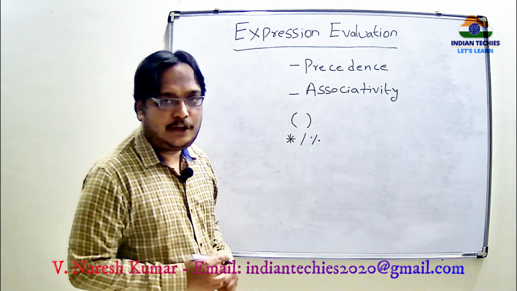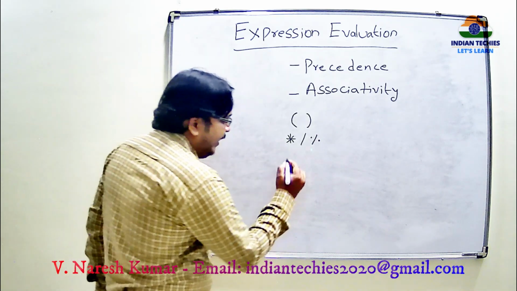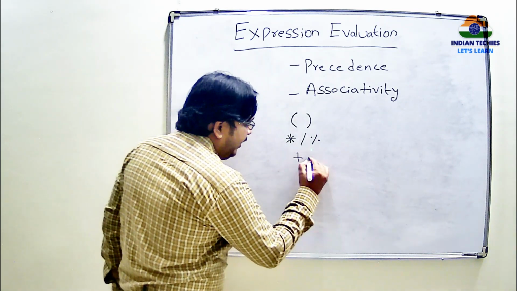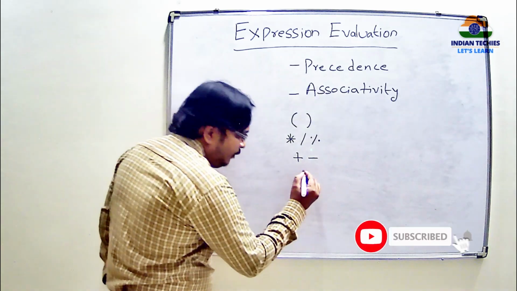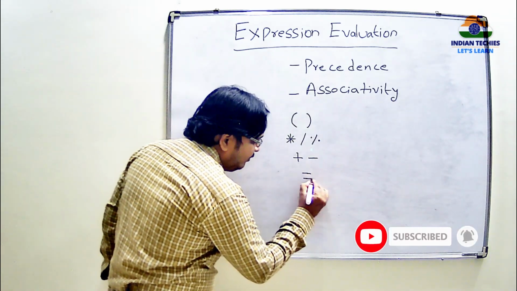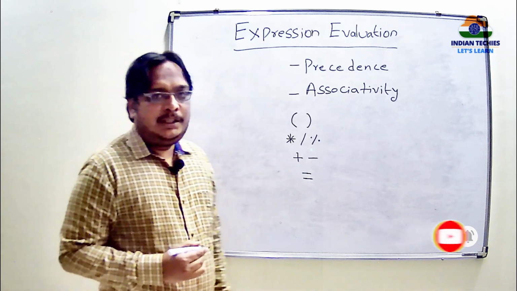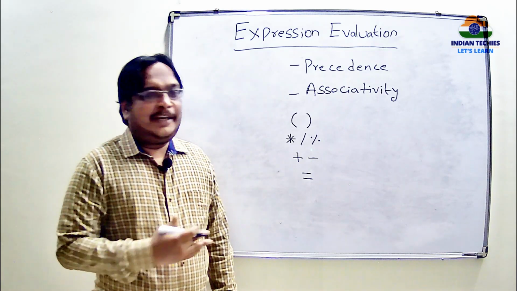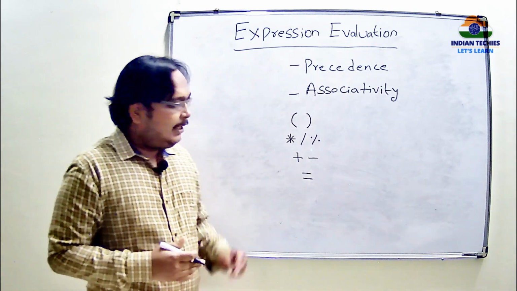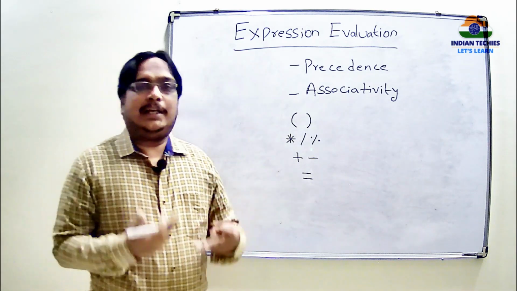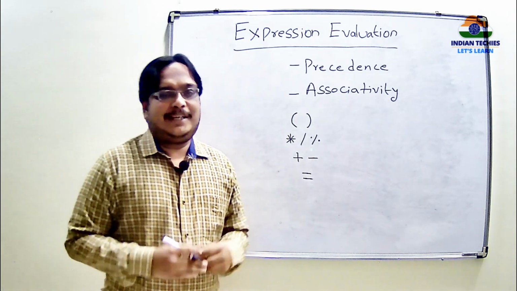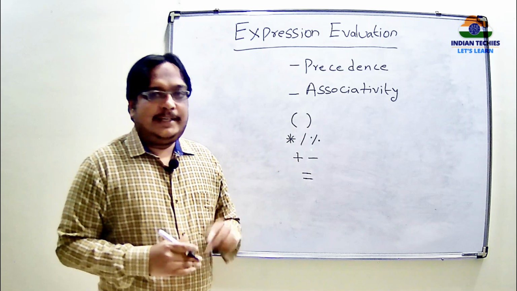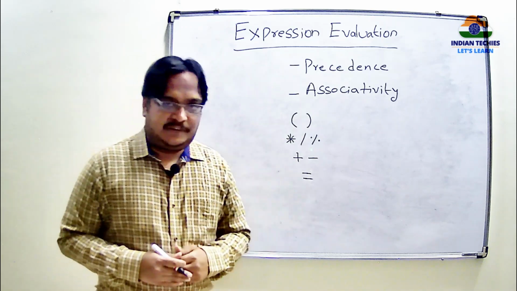We already discussed this in the operators. Next one is addition and subtraction. Now, next one is equal to. We will be using many of these operators. These operators we regularly and frequently use in our mathematical calculations, so I decided to discuss them in detail.